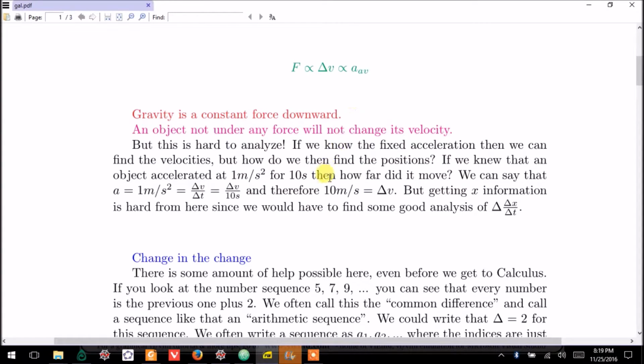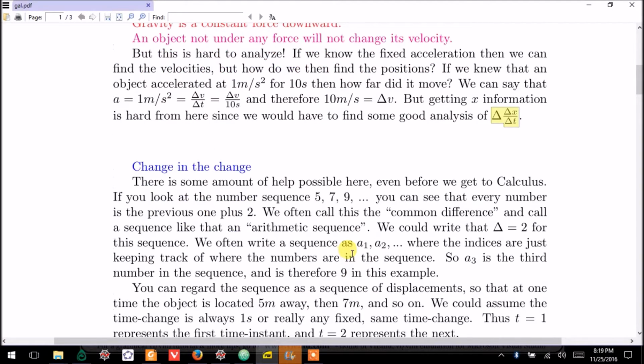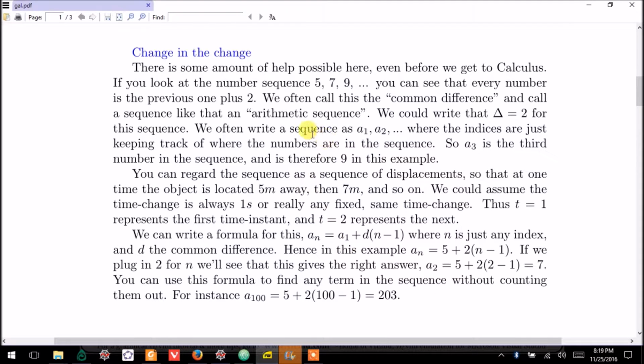Another way to put the difficulty is that under constant force of gravity, basically free fall motion, we know that the change of the velocity is constant. But how do you analyze that? How do you get a prediction about where this thing will be located? Well, just as an initial preview, let's make an analogy to sequences.